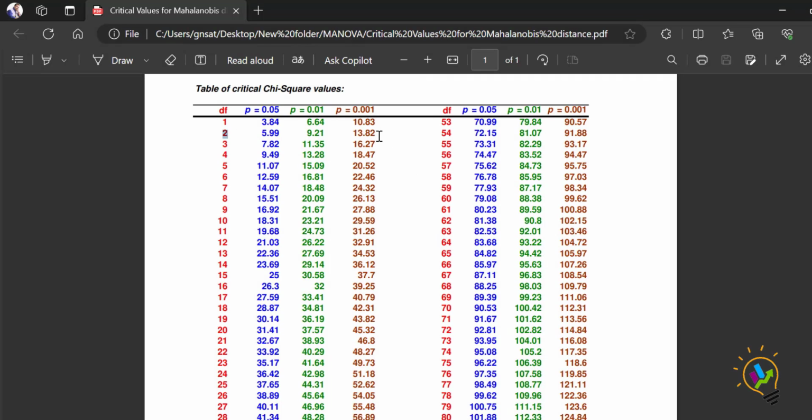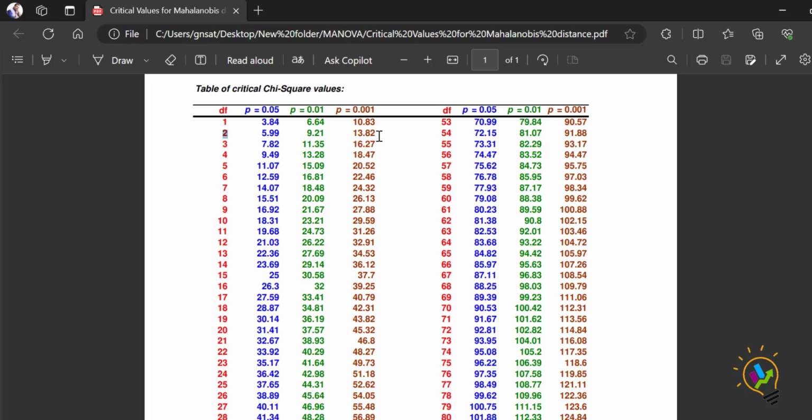So if the maximum Mahalanobis distance is less than the chi-square value, we can consider that multivariate normality is there for the data. In case the maximum Mahalanobis value in the data is greater than the chi-square value, we conclude that multivariate normality is not there.